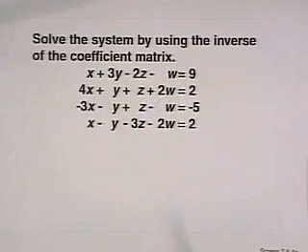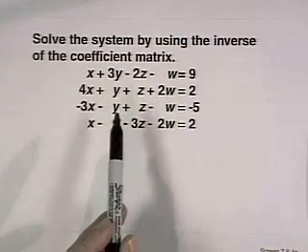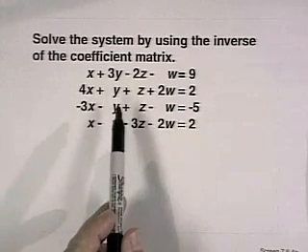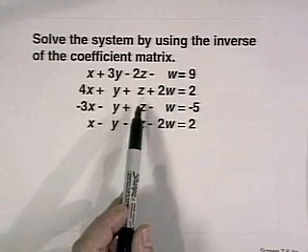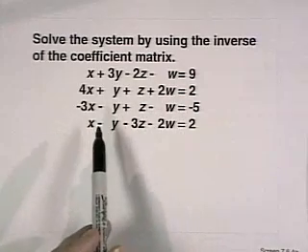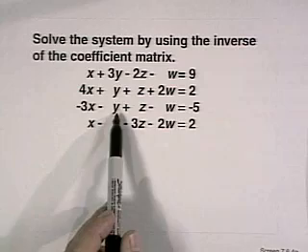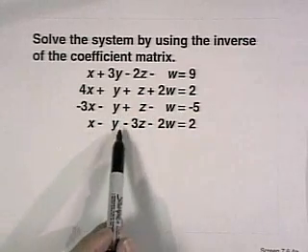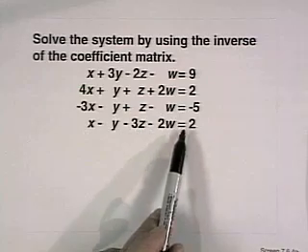Let's look at a system of equations and solve it using this new inverse matrix technique. Here's our equation system. x plus 3y minus 2z minus w equals 9. 4x plus y plus z plus 2w equals 2. Negative 3x minus y plus z minus w equals negative 5. x minus y minus 3z minus 2w equals 2.